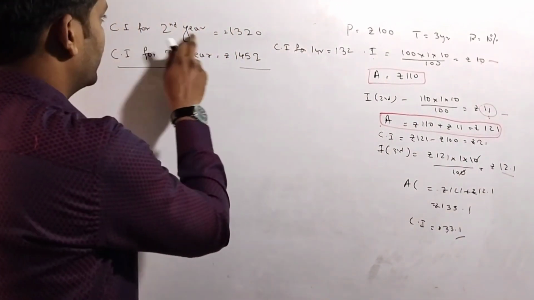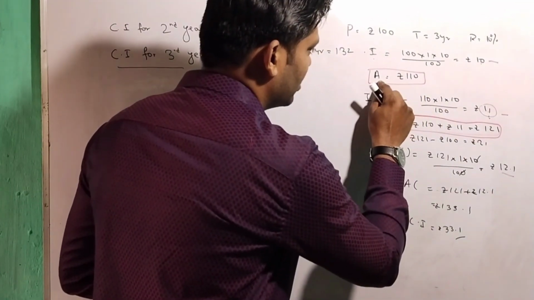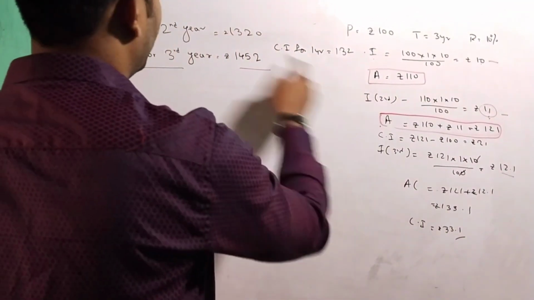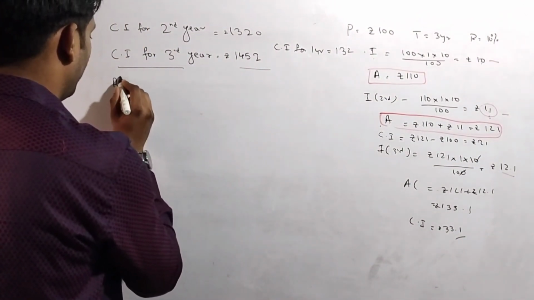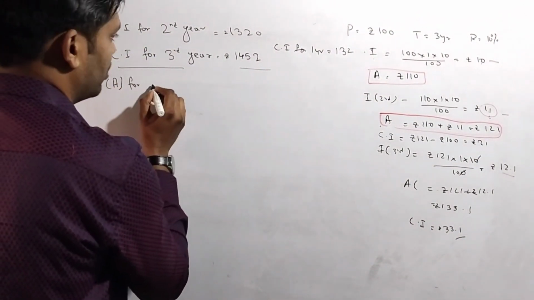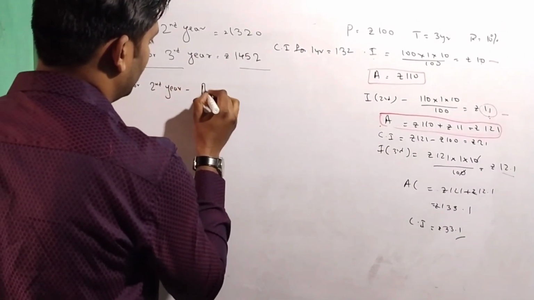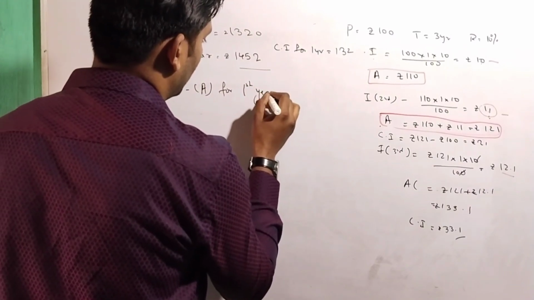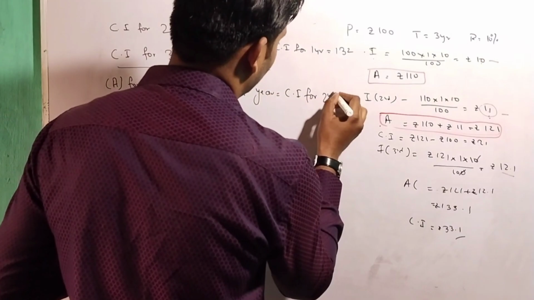Compound interest for the second year means I can do amount of second year minus amount of first year. If we subtract, we will get that 11. So can I write it like this? Amount for the second year minus amount for the first year gives CI for the second year.